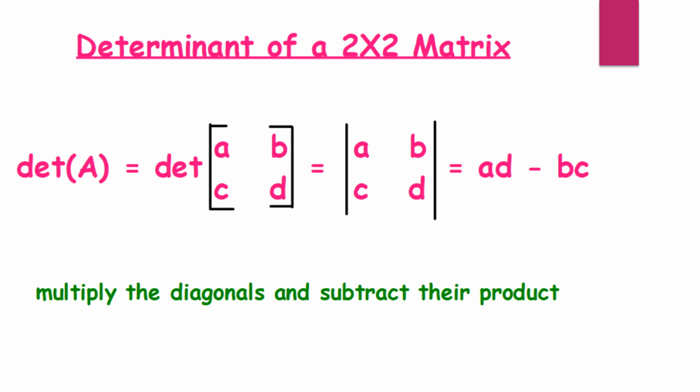So the determinant of a 2 by 2 matrix, again, these are the three different notations. They all mean the same thing. DET of A, determinant of the actual matrix, or those absolute value bars, that's what it looks like. So in order to determine the determinant of a 2 by 2, you multiply the diagonals and then you subtract their product.